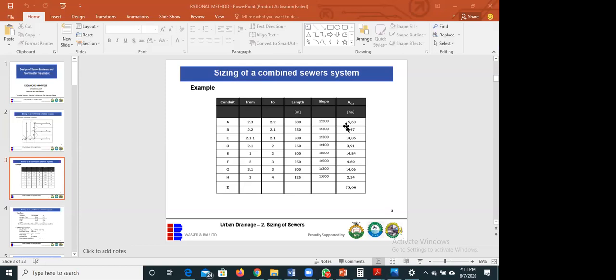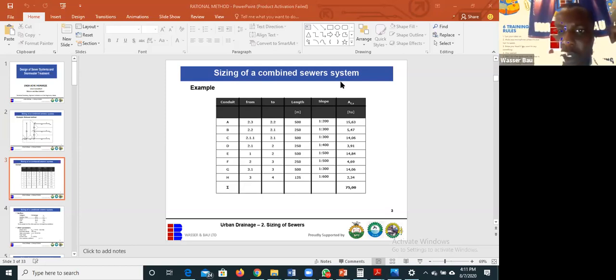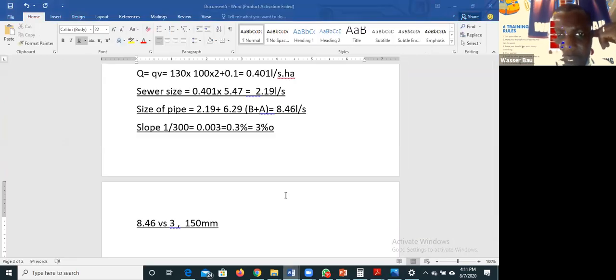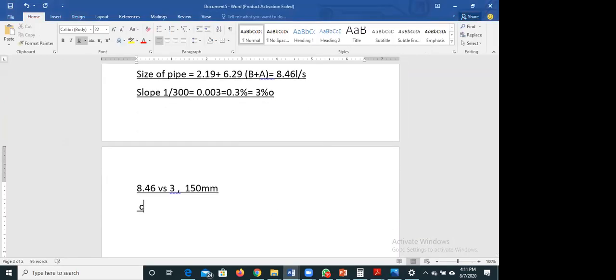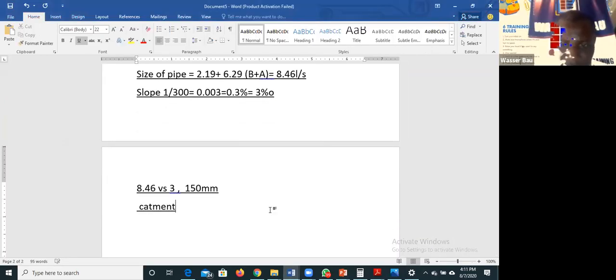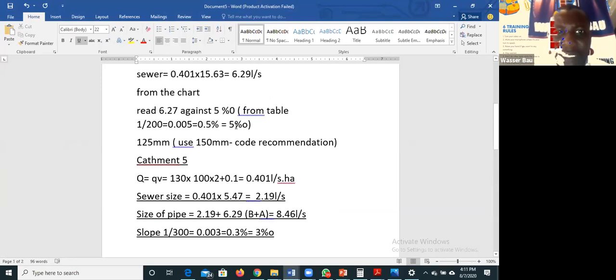Okay, so let's continue. You can see the catchment of C is 14.06, almost as big as catchment A, and the slope is just the same. So that makes our work easy. For catchment C, everything applies except the percentage.